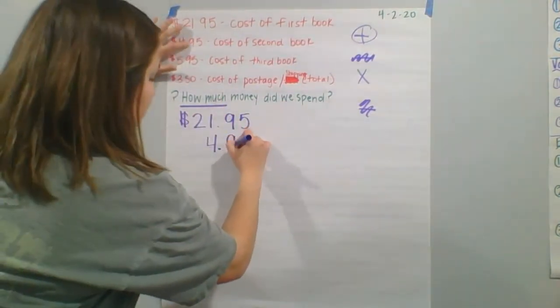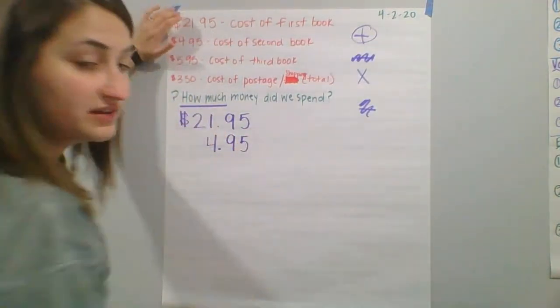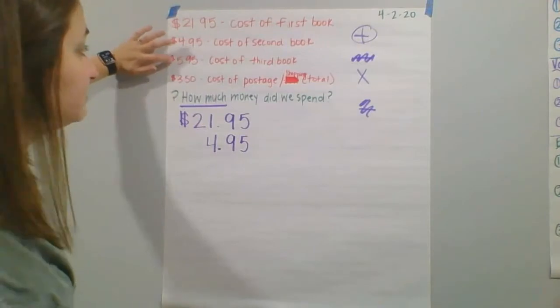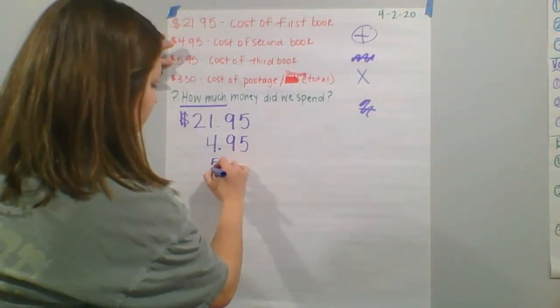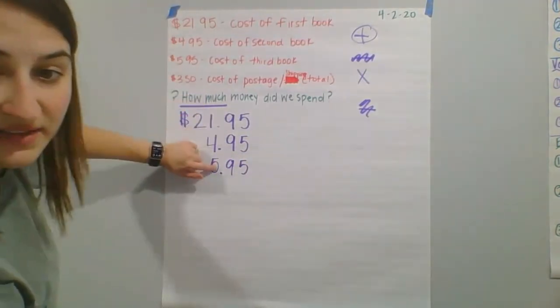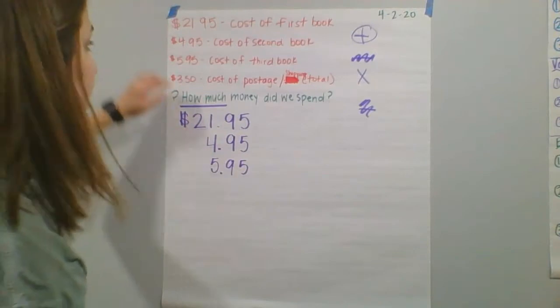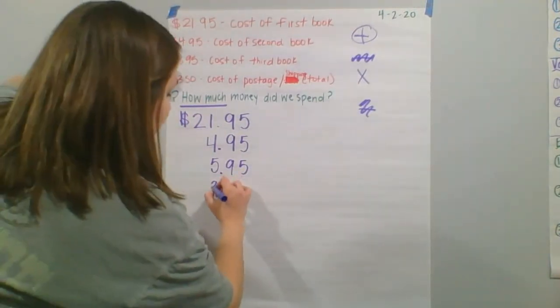Then the 9 goes under the 9 in the tenths place, and the 5 under the 5 in the hundredths place. Same thing with $5.95: your decimals need to be lined up, ones place, tenths place, hundredths place. And then $3.50, same thing.